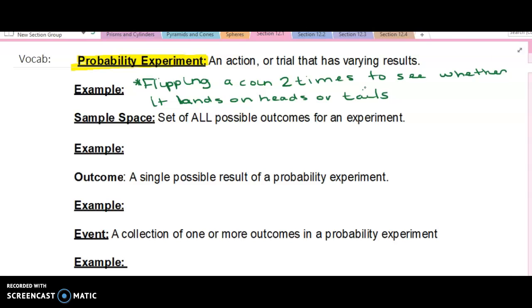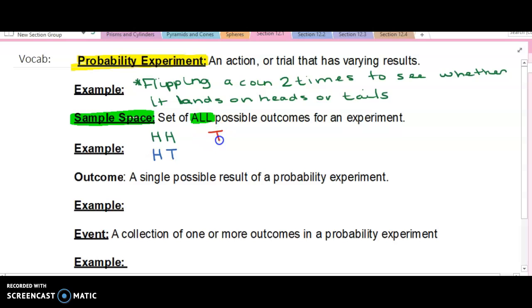All right, so the sample space is the set of all possible outcomes. Okay, so how could this happen? So if I flip a coin twice, and I'm curious, does it land on heads or tails? Well, it could land on heads the first time and heads the second time. Or it could land on heads the first time and tails the second time.